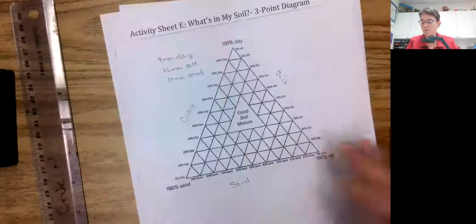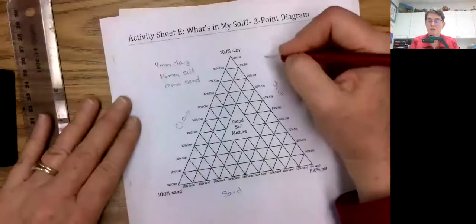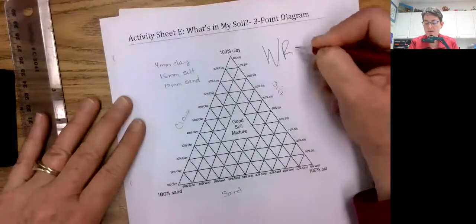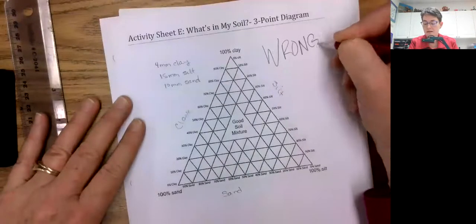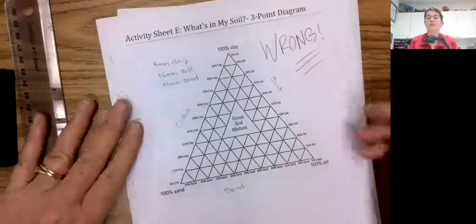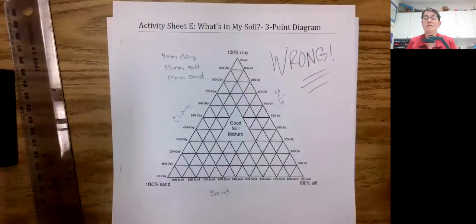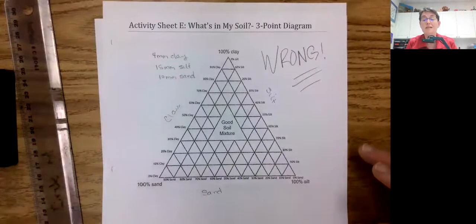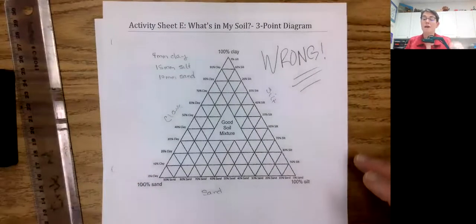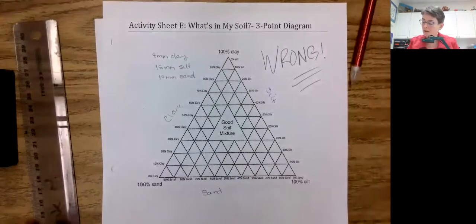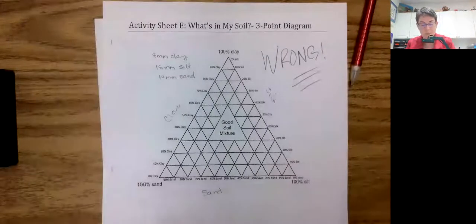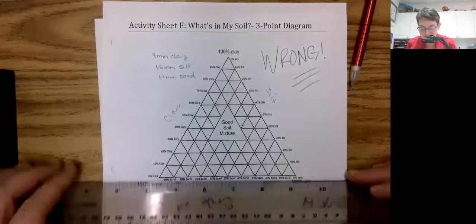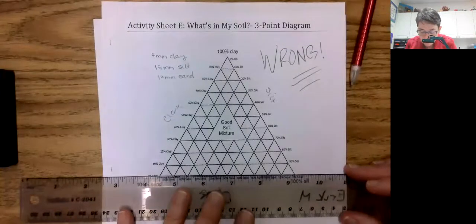All right, before we start, I'm going to write this very big. There's no question that this is doing it wrong, but I just want to show you what it's going to look like. So if it happens, you say, oh yeah, I remember, I got to do my percents first. All right, 4 millimeters of clay. Every single time I've said that, I've said it wrong.